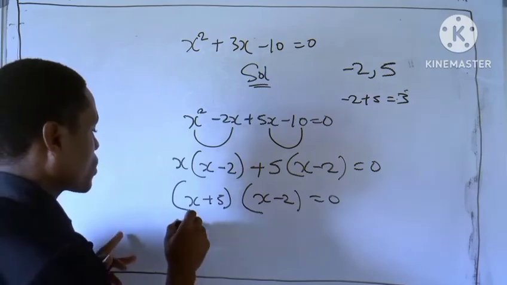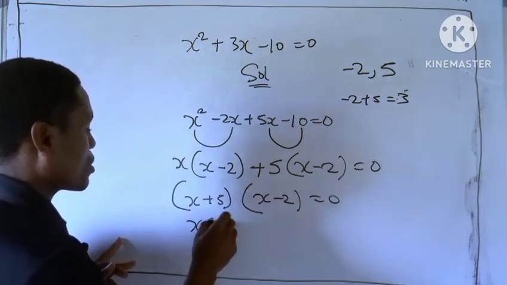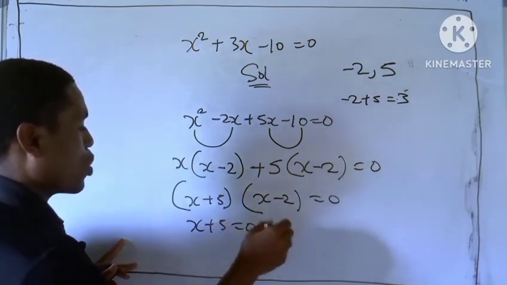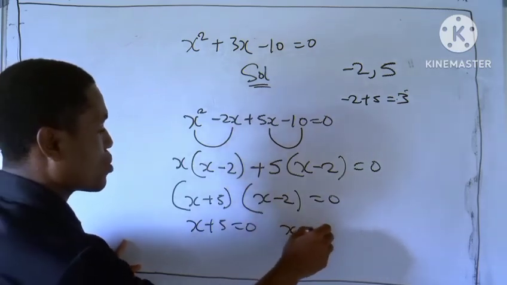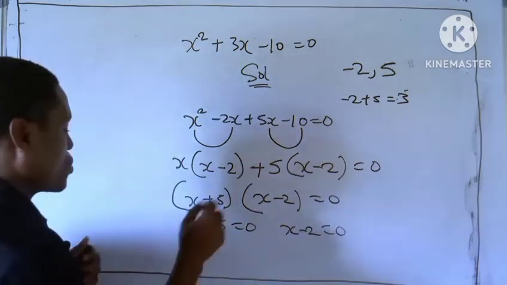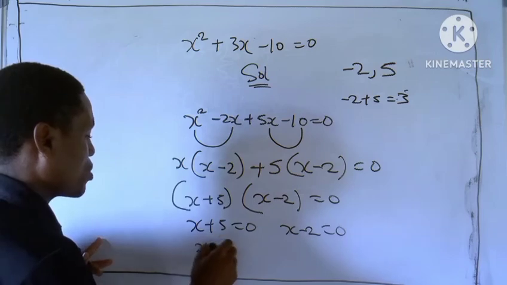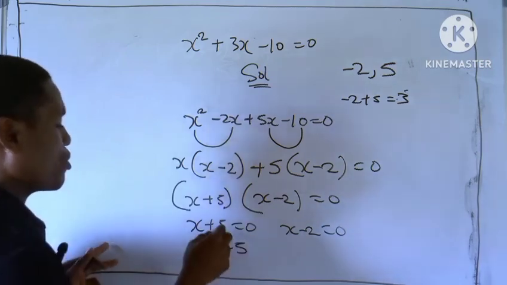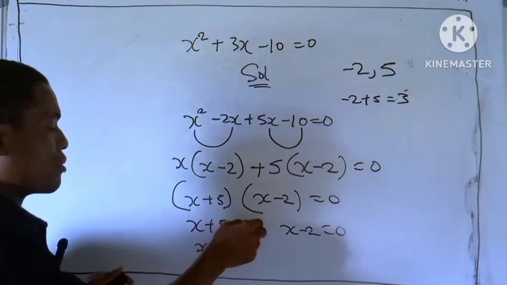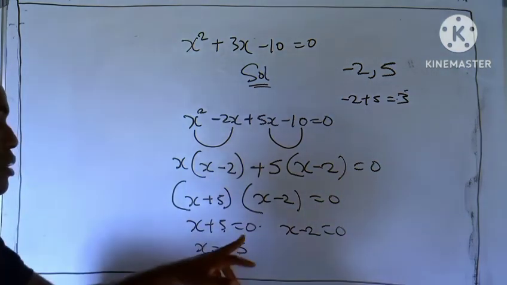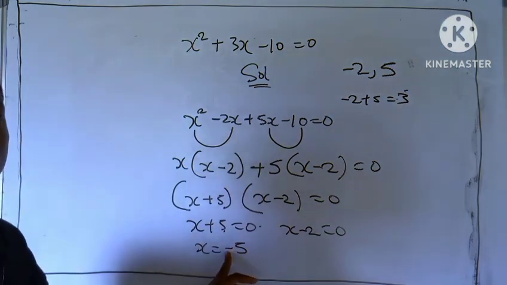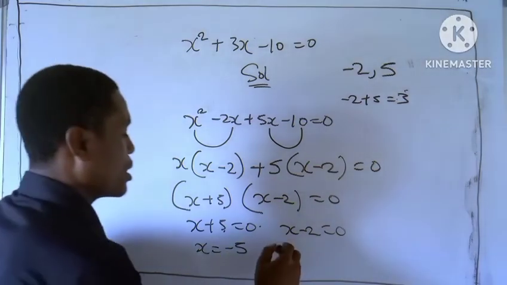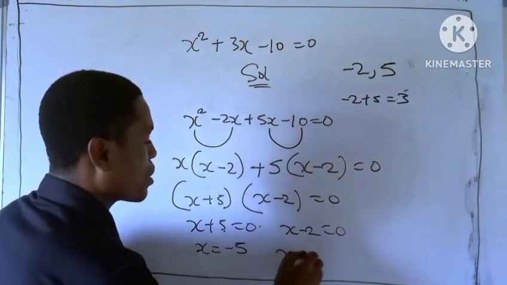Let's separate them. So we have x plus 5 equal to 0, or x minus 2 equal to 0. So here we'll have x equal to minus 5. If you move this plus 5 to the right side, it will change to negative, okay? And here it will change to what?